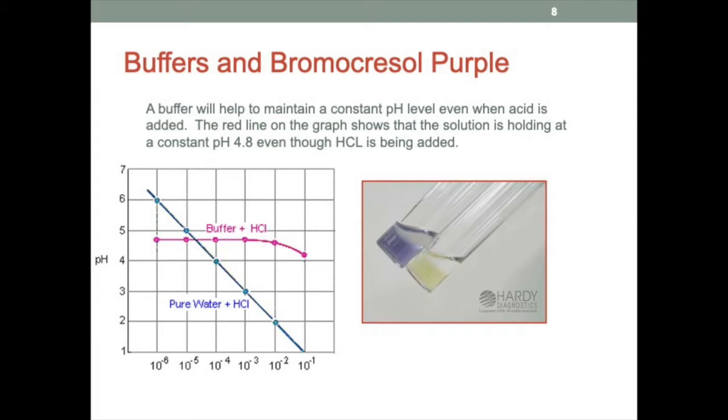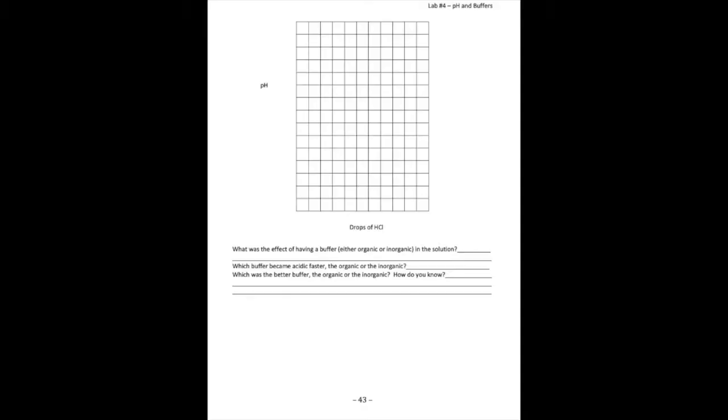So buffers and bromocresol purple. So the buffer will help maintain the constant level of pH when acid is added, right? So on page 43, this is what you're going to find. Okay, and you can copy this to that chart.